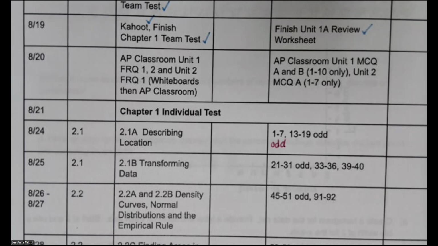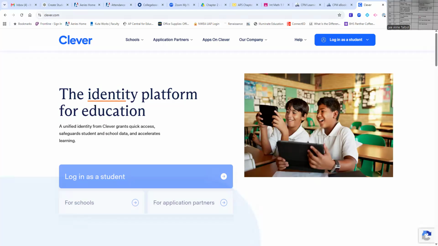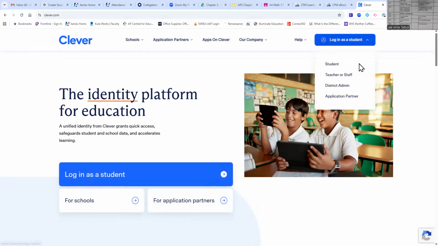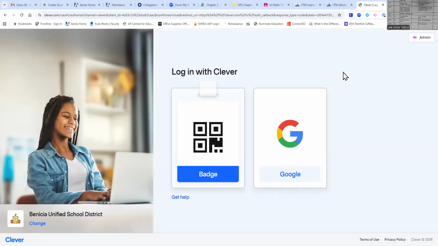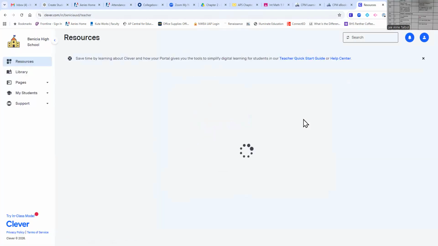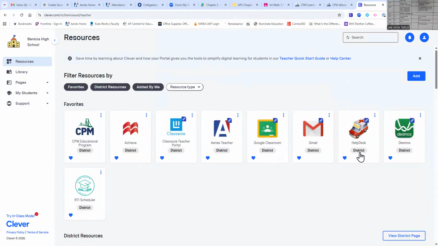Okay, now let's talk about where to find this. You guys are going to find this in your Clever. And you don't have to do it right now.